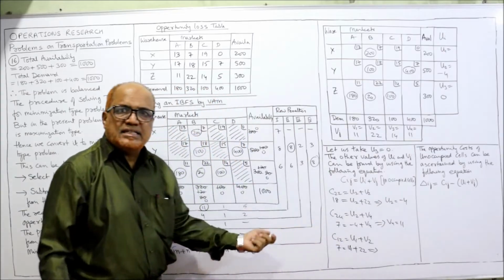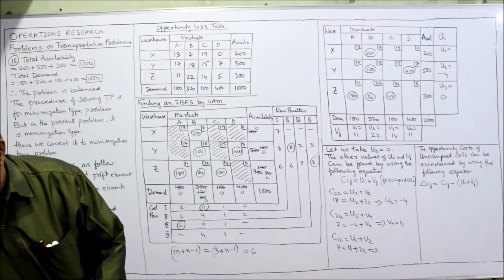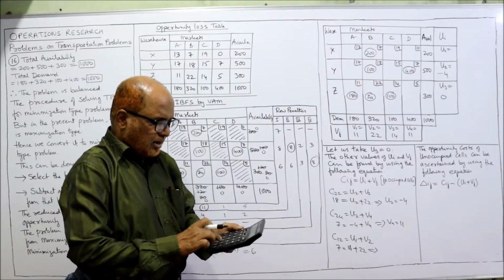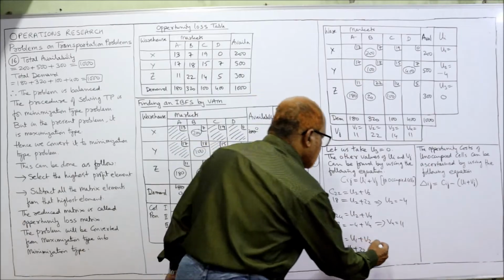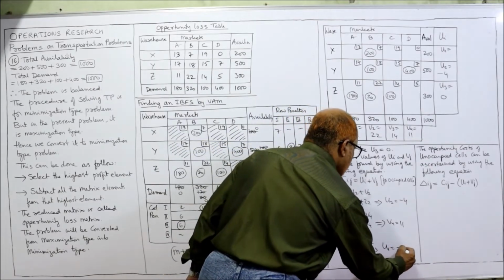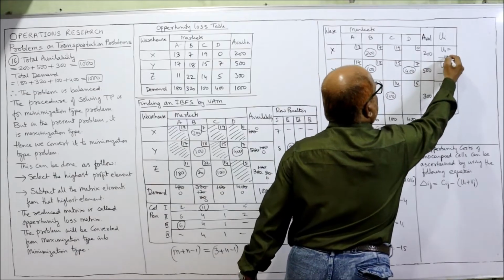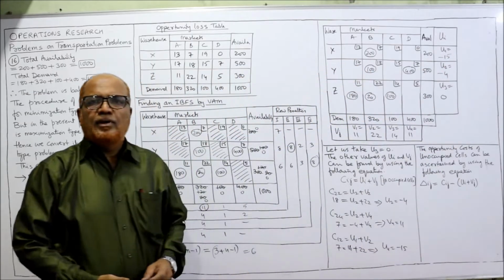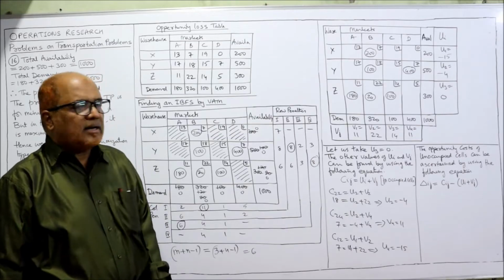Bring 22 to LHS, so it will become minus 22. So 7 minus 22 you will get minus 15. So we got U1 is equal to minus 15. That's all, we have calculated all the Ui and Vj values.